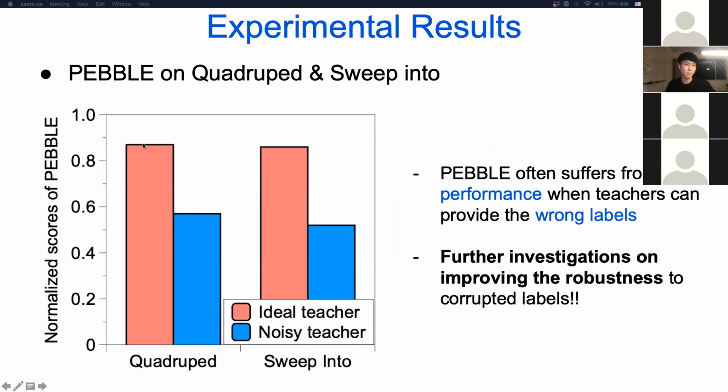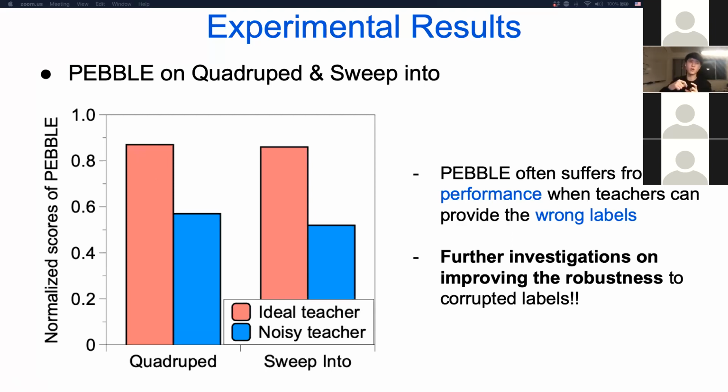Basically, the performance on the ideal teacher is above 80%, but if the teacher provides a wrong label, the performance decreases by 20% or so. So this implies that current preference-based reinforcement learning is not robust to a noisy teacher, and we need to do more investigation on improving the robustness.